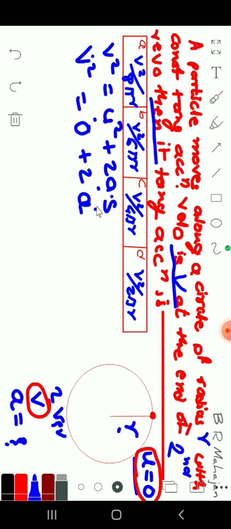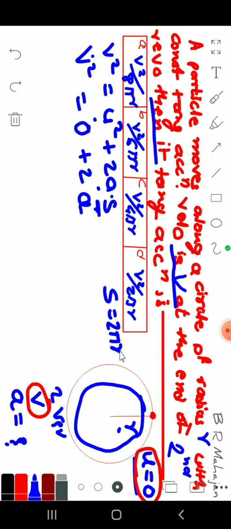Now let's talk about the distance. In one revolution, the particle completes one circle, meaning one circumference. The distance covered in one revolution is one circumference, which is equal to twice pi r. Therefore, the distance covered in one revolution is s equal to twice pi r.